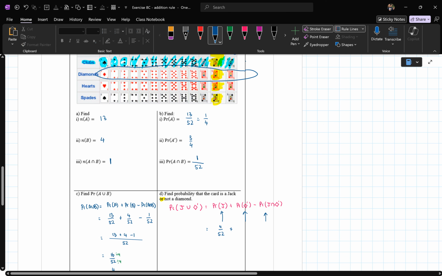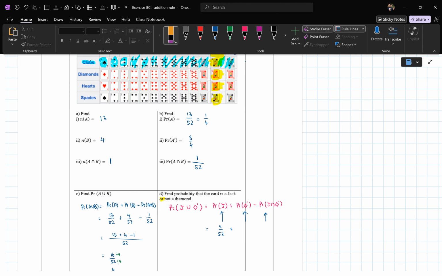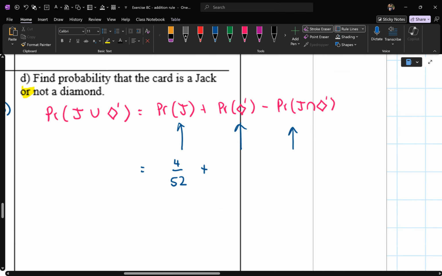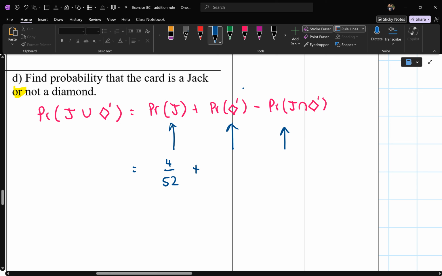So if you don't want those 13 cards, well, there's the other 3 quarters left over, isn't there? So that should be similar to what we had before. It's probably easier just to do it this way. Let's think about it. So probability of getting a diamond is equal to 13 out of 52. But since we don't want diamonds, it's the leftover.